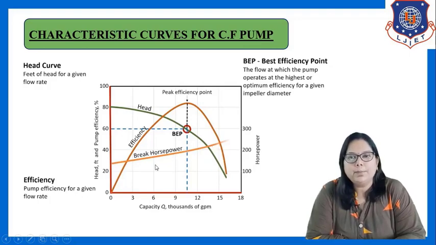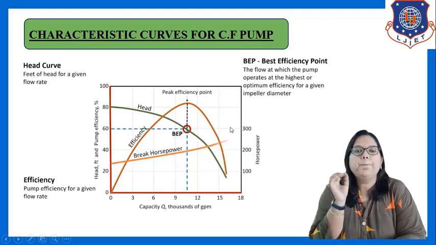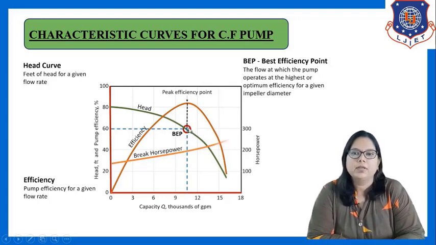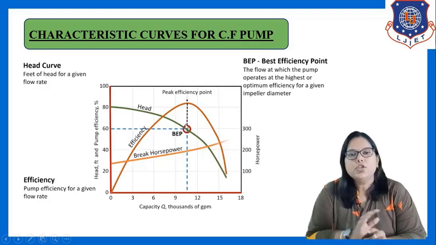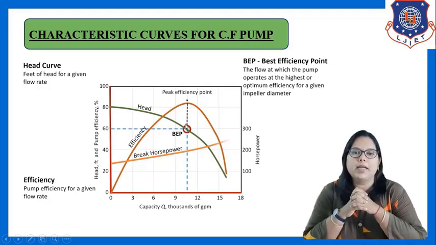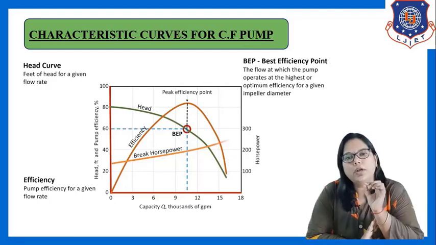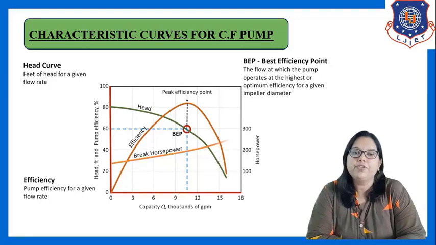So when we combine all these, we get a point which is marked with red. It is known as best efficiency point. So when we combine all these parameters with capacity, we get a point known as the best efficiency point.